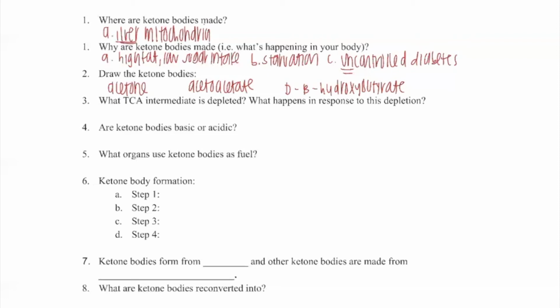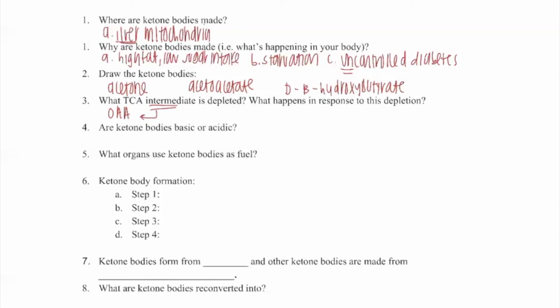Now we can move on to number 3. The question is asking what TCA intermediate is depleted and what happens in response to this depletion. In cases where we're making ketone bodies, the TCA intermediate that is depleted is going to be oxaloacetate. OAA means oxaloacetate.